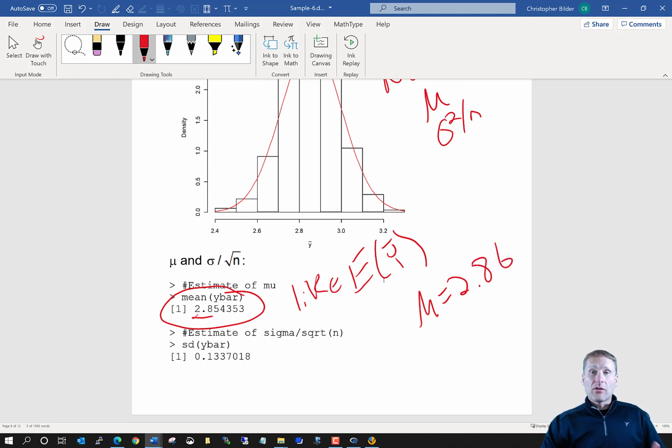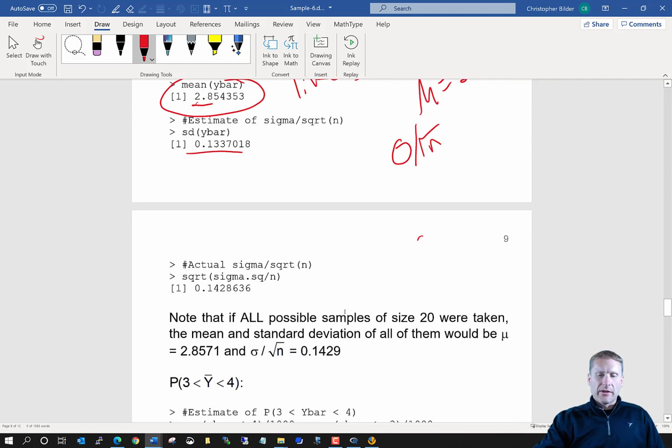So we can see how close we are. The standard deviation was 0.1337. Again, that should be sigma divided by square root of n. It should be really close. And I think on the next page, I actually show what that is, 0.143. Again, very close.